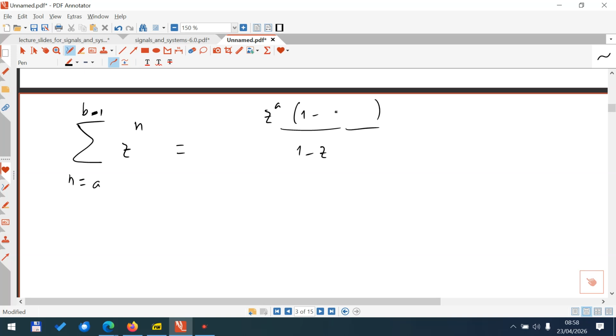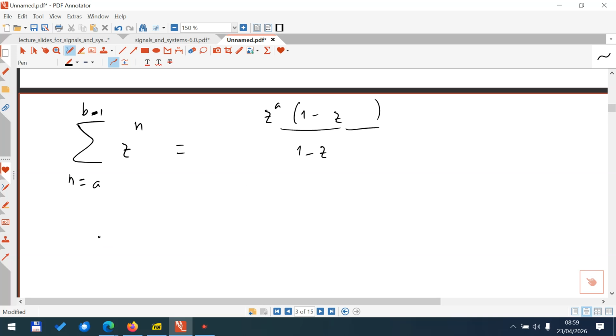And it was 1 minus z to, what do we have here? Who can recall that? It was something like a times r to the n, so instead of r, we have z.